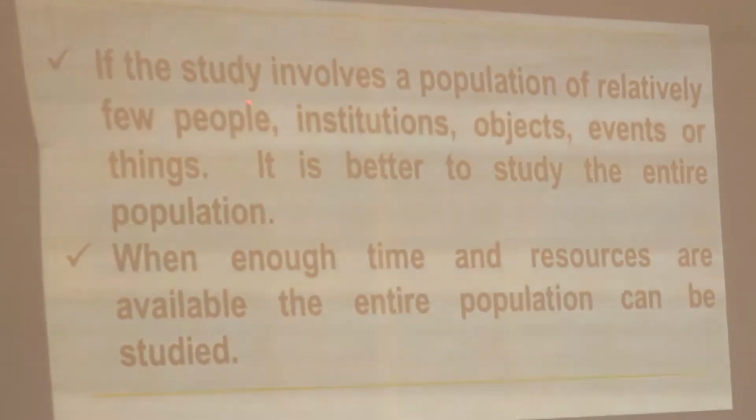For example, if you need to make a study looking at the impact of higher institutions or colleges and universities in your area, or let's say in the southern or in Kigali City, and you know that those higher institutions, colleges and universities are not many, therefore, you can use all of them.